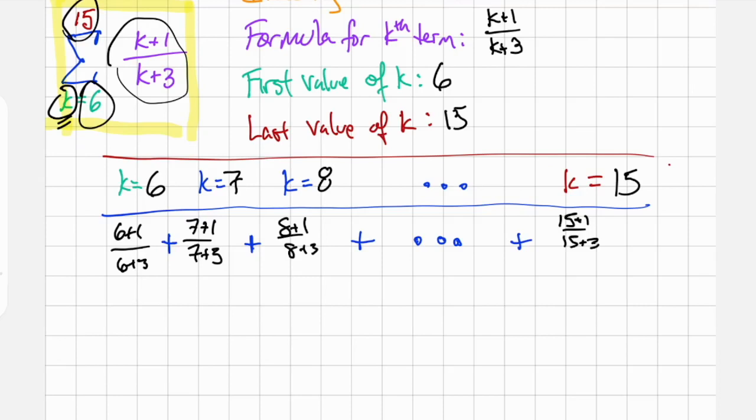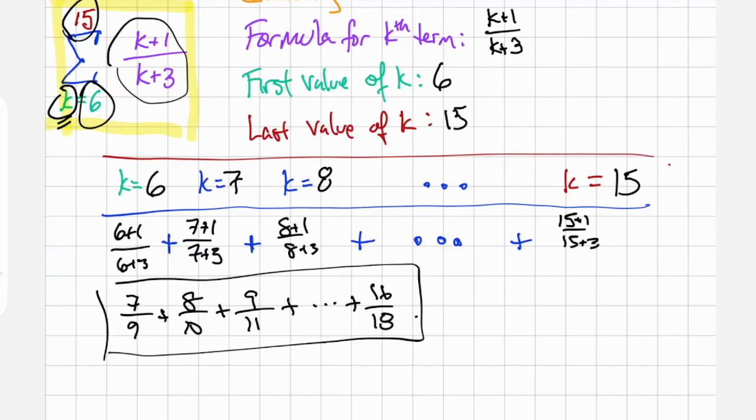Simplifying these expressions, we see 7 over 9 plus 8 over 10 plus 9 over 11 plus ... plus 16 over 18. And this would be the way to convert the sigma notation into a sum involving plus signs.